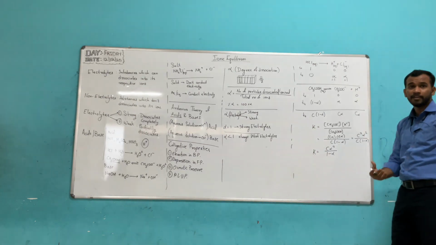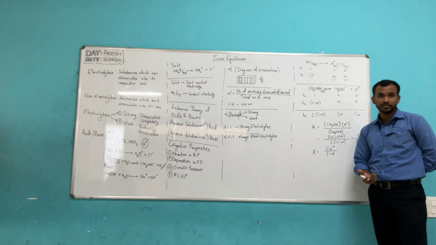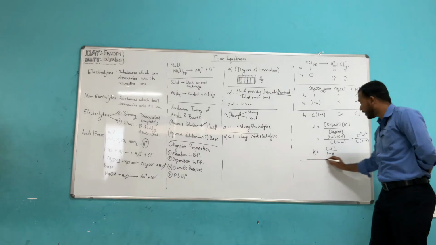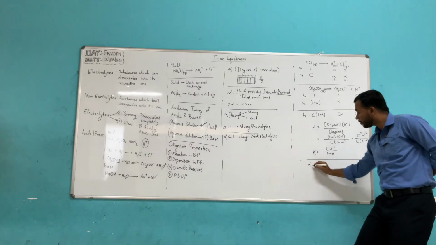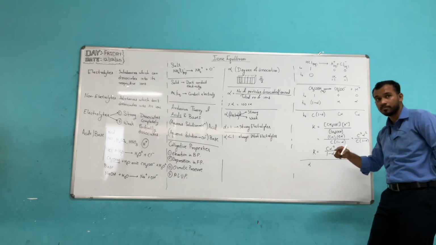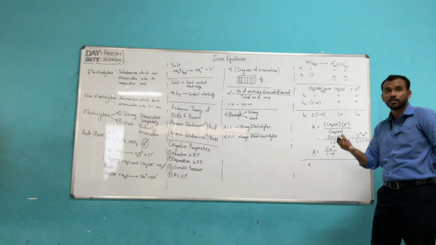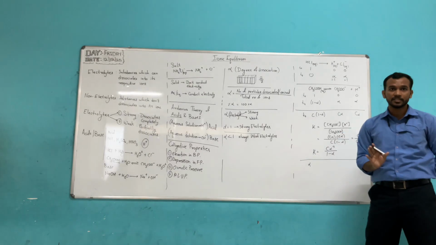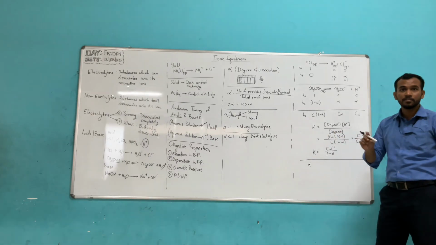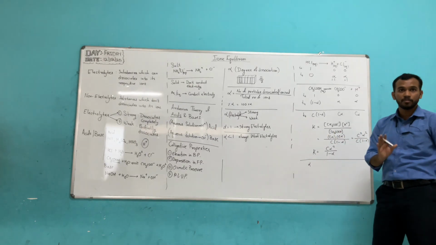For very weak electrolytes, where dissociation is less than 10%, alpha is lesser than 0.1.